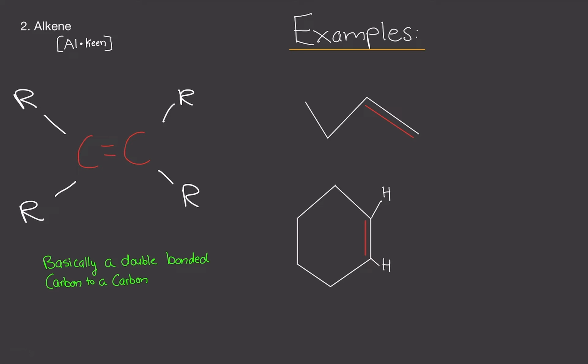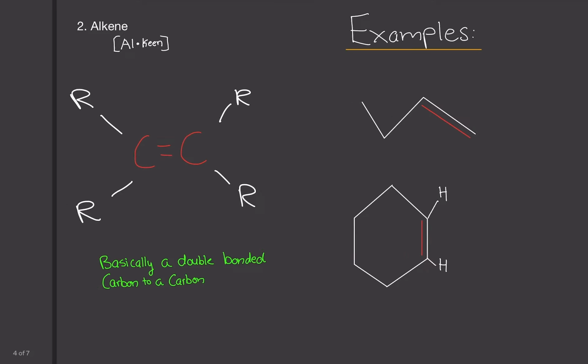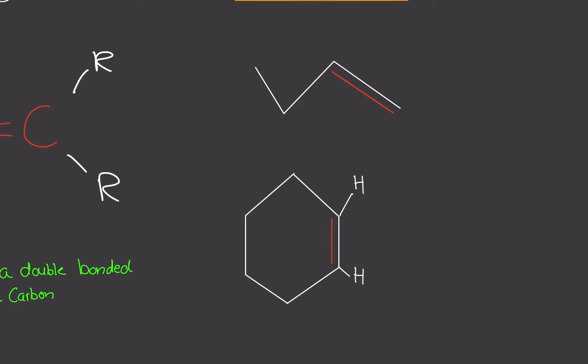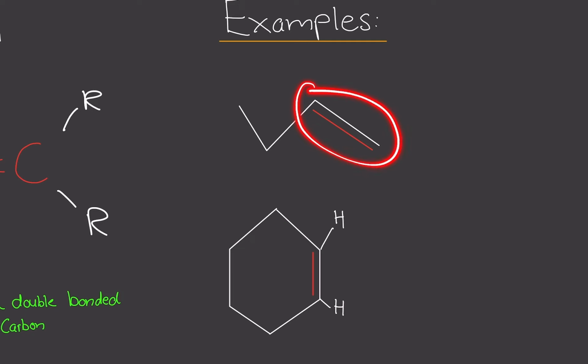The second one is called an alkene. An alkene is literally 2 carbons that are double bonded to each other. That's it. That's literally what it is. Super easy. So this is an alkene. It's basically a carbon here and a carbon here, and they're double bonded together.